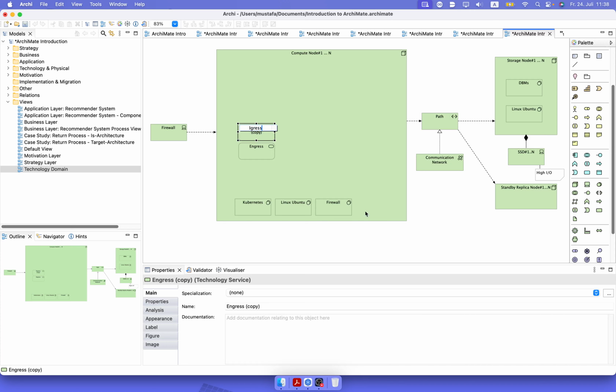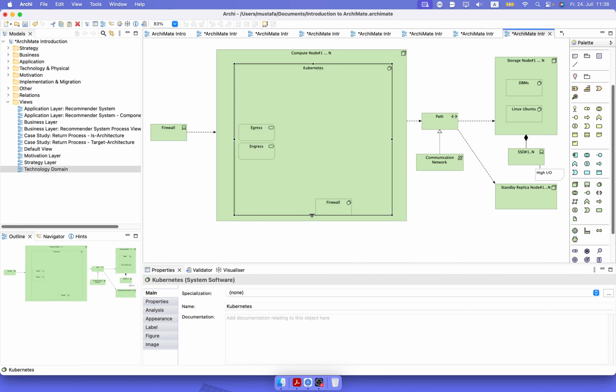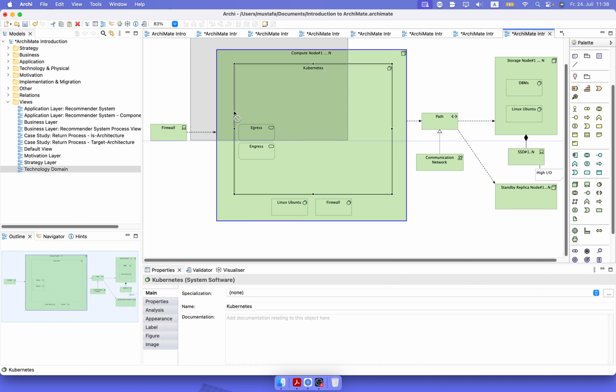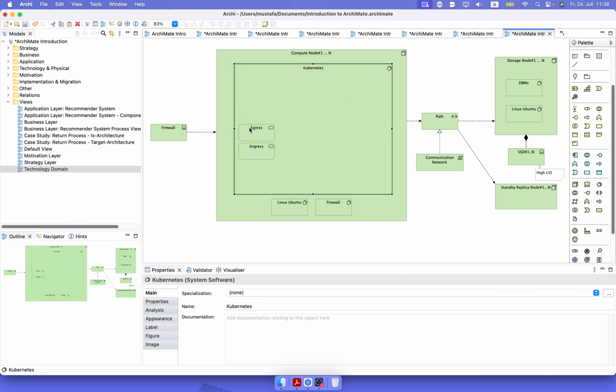One of the things we could do is to highlight the Kubernetes cluster with all its components, making sure here it stays at the top. So this is our own cluster, and the ingress and egress are parts of it.